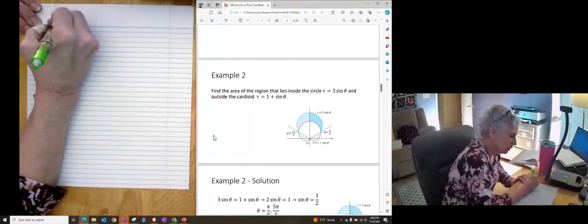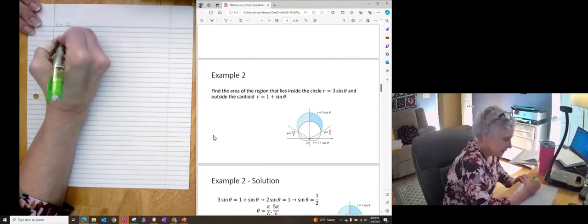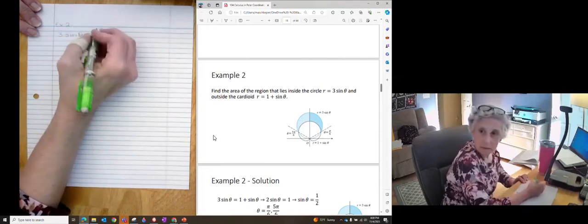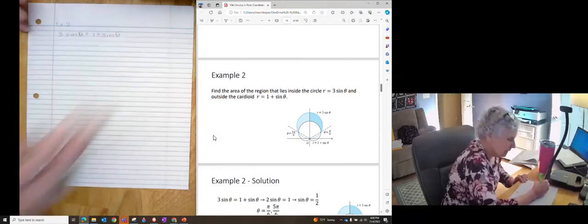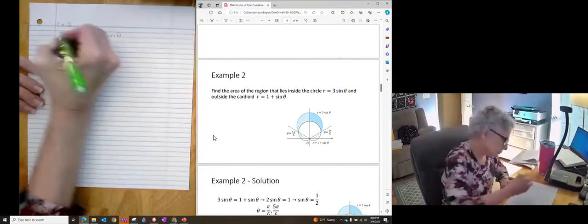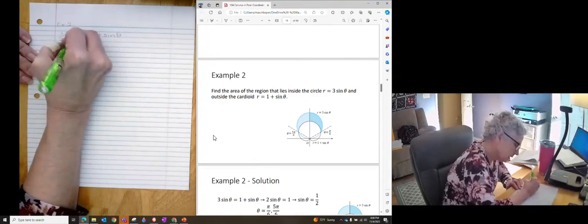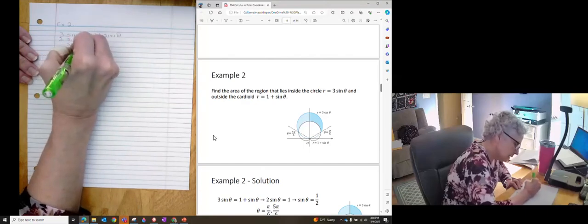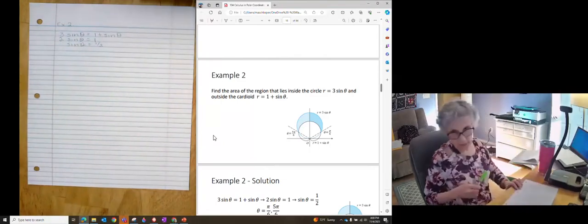So let's compute those. Example 2, let's set 3 sine theta equal to 1 plus sine theta. So we'll subtract a sine theta from each side. 2 sine theta is equal to 1. So sine of theta is 1/2.